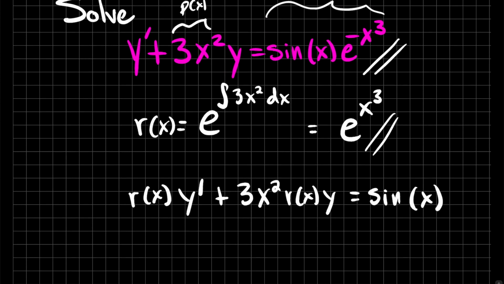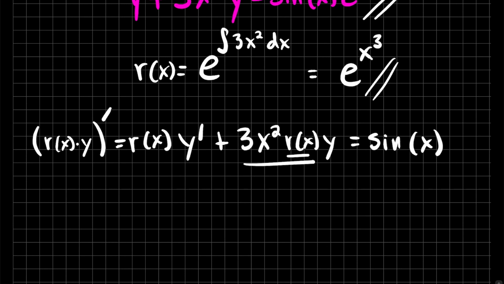Now on the left here, remember that the derivative of r is exactly this right here. So then we can reduce this as the derivative of r of x times y. So this is what I mean: you multiply r and y, and you take its derivative, and this is what you get.